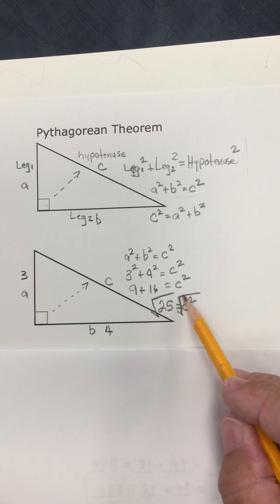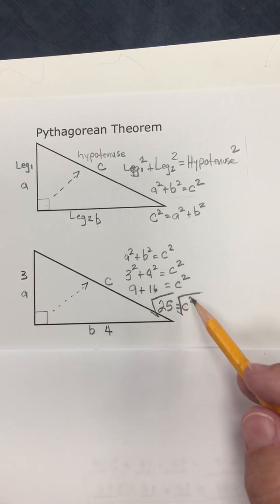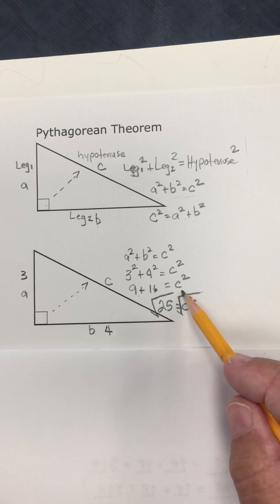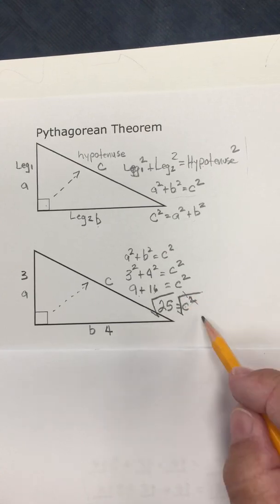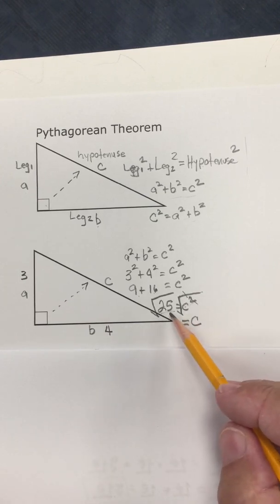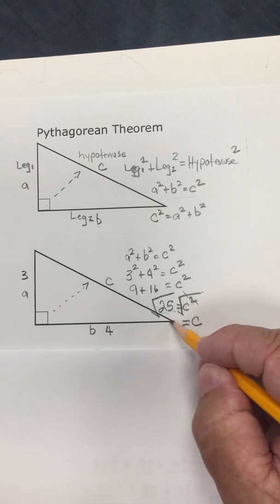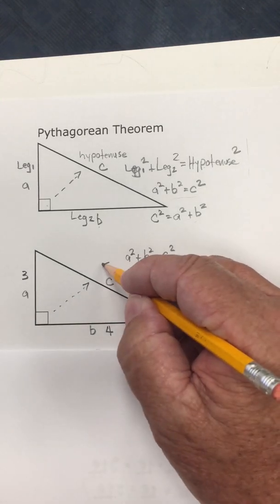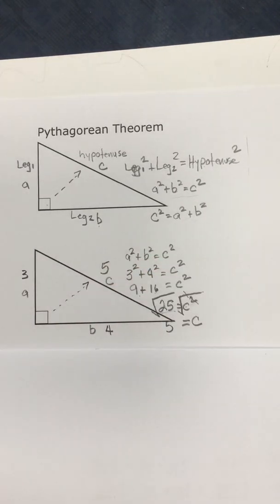These will cancel out, and that leaves us just with C. And this is a perfect square. Hopefully you remember that from last time. So 5 is our answer. It would be 5 units for C.